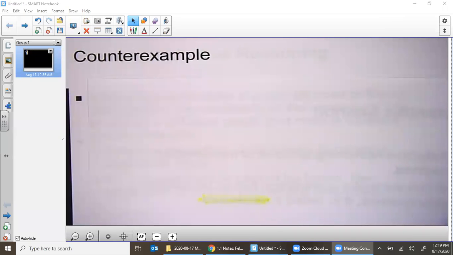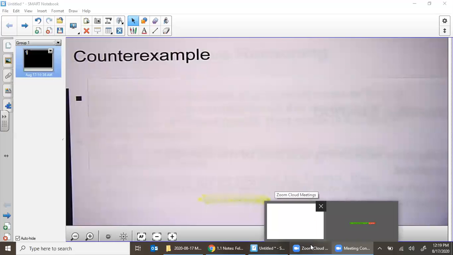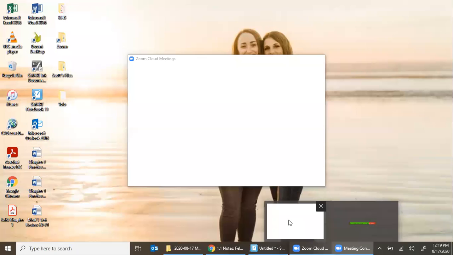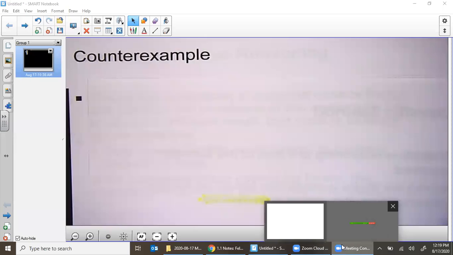So what is an example of something? What does the word example mean? It's hard to explain what an example is. The best way to explain what an example is, is to use an example.